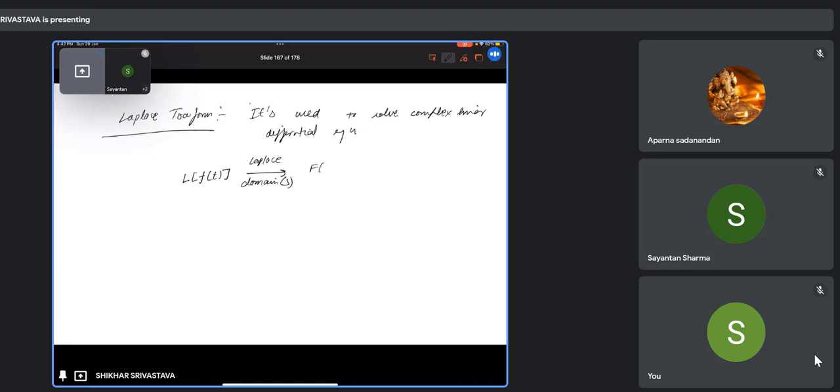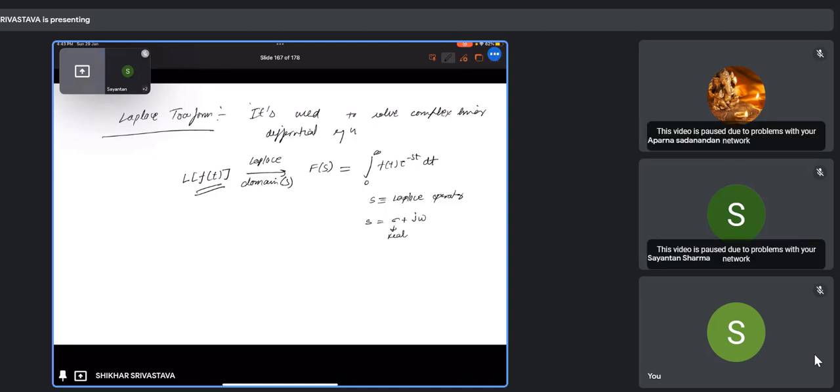Mathematically, the Laplace transform of any function f of t is the integral of f of t times exponential minus st dt, where s is your Laplace operator, and it has both real as well as imaginary part.